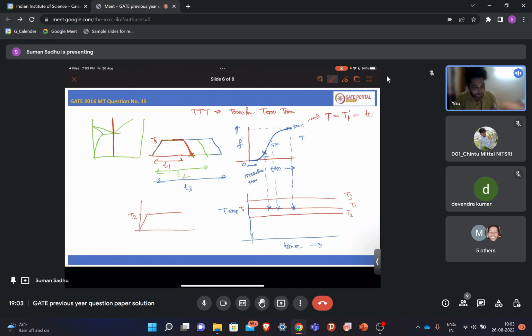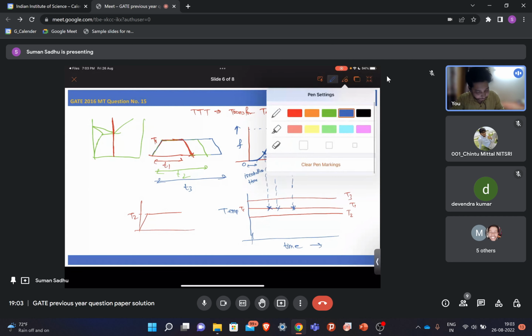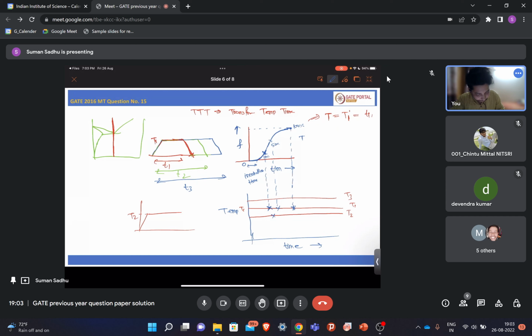Let's say T2 is lower than this temperature, and again you will get some fraction transformed. But in this case, the time required will be longer, because you are doing it at a lower temperature. So the 10% transformation, let's say it will be here in this case.